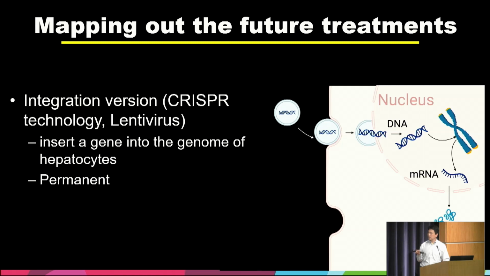Also, the lentivirus has a nature of naturally going into the recipient genome and integrating itself. Again, it has to be encapsulated in the viral vector and go to the nuclei and then into the recipient's own genome, and from there produce RNA and the proteins. It could be permanent.